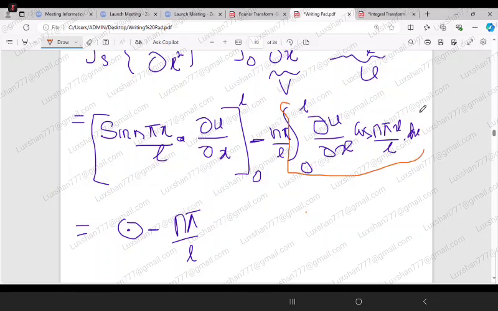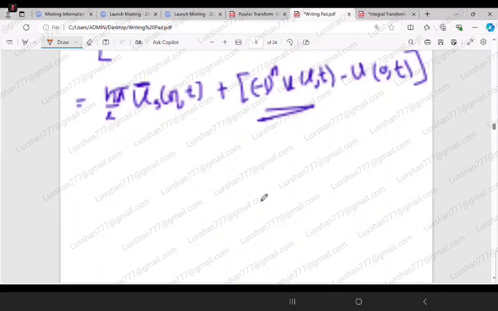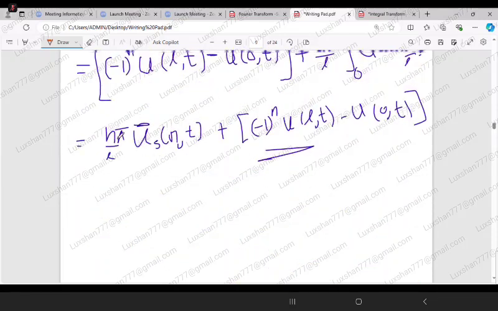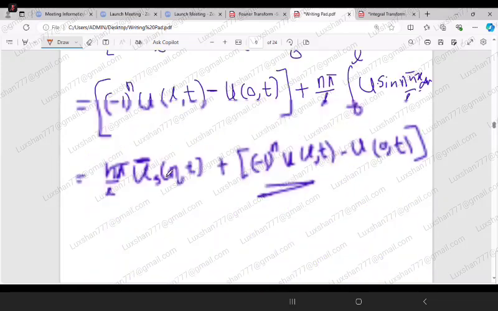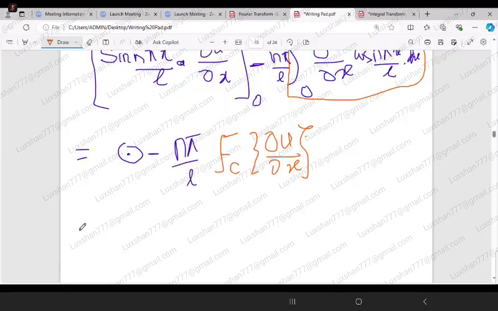So I'm just again, you can do this one. What is this actually? This is Fourier cosine transform of first derivative. We have just got the answer. Fourier cosine, that one, no? Fourier cosine transform of first derivative. What is that? n pi over L, u bar c n, t. So I'm just going to put that one.